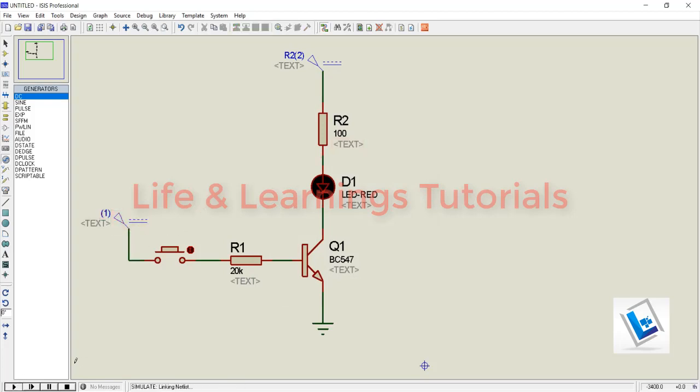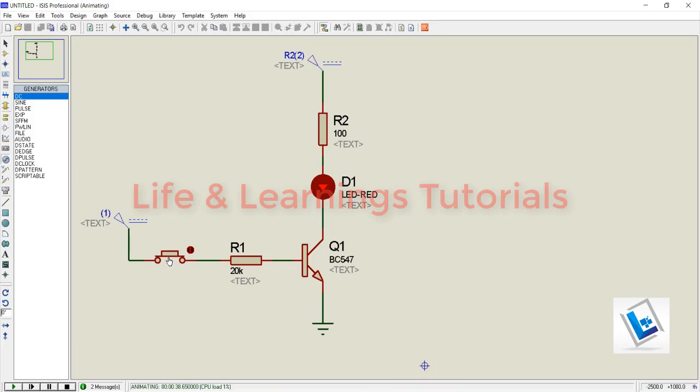Now if I run the simulation, the LED or the load is off, and if I press this button, this LED is turning on because through this push button this 5 volt supply is going through this current limiting resistance for base, and it is providing around 0.25 milliampere current on the base according to our equation, and this is driving this transistor in the saturation mode, which is allowing this load current to flow through the transistor.